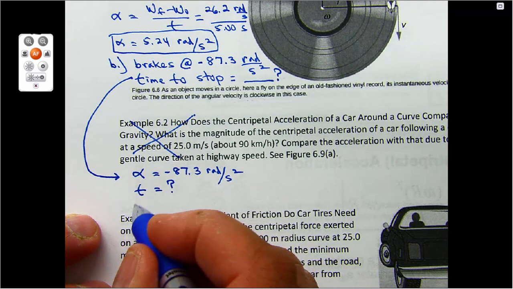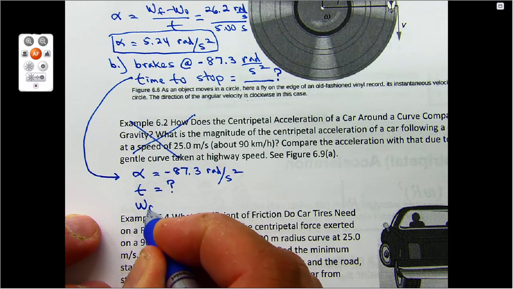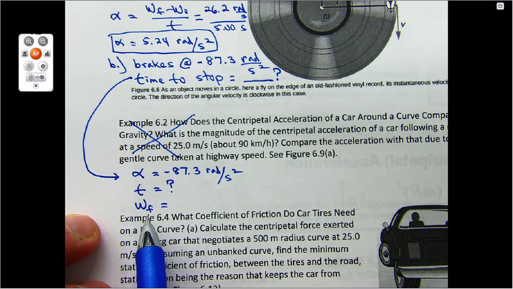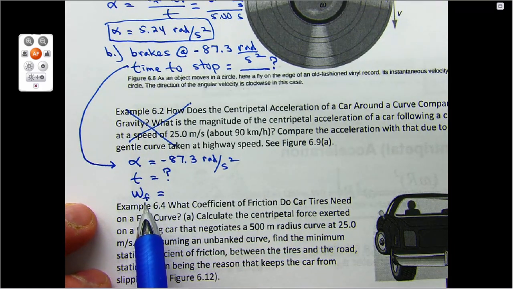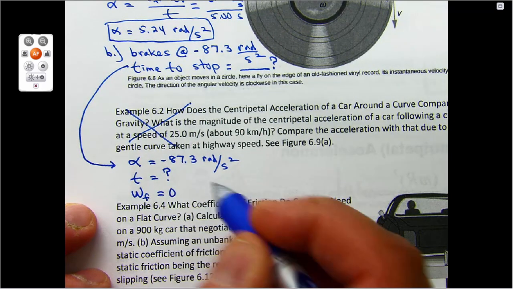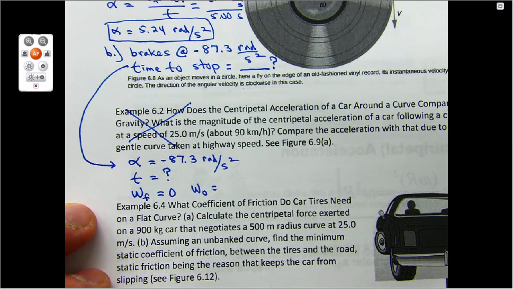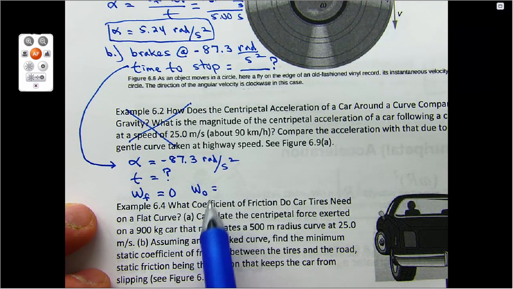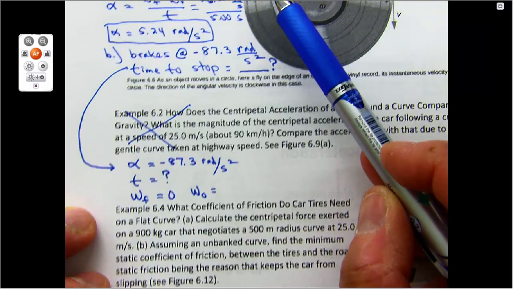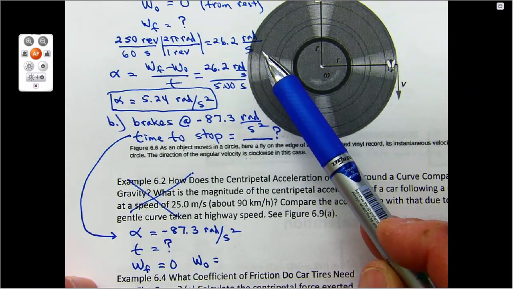If we're coming to a stop, omega final is 0, right? What is omega initial? Omega initial is the 26.2 we calculated up here, correct?